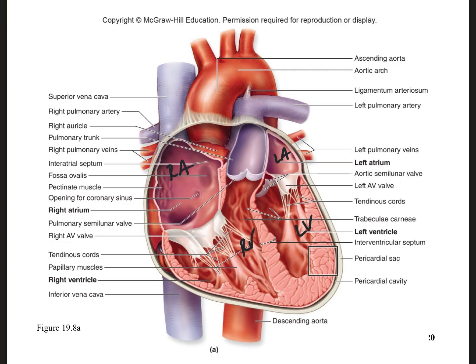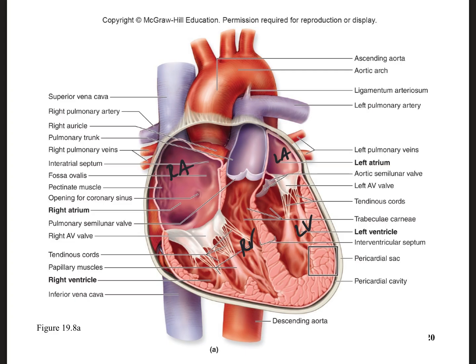Then your electrical impulse fires, the atria contract and push all of what's inside the atria at that point into the ventricles. That electrical impulse moves through the heart and initiates the ventricles to contract.